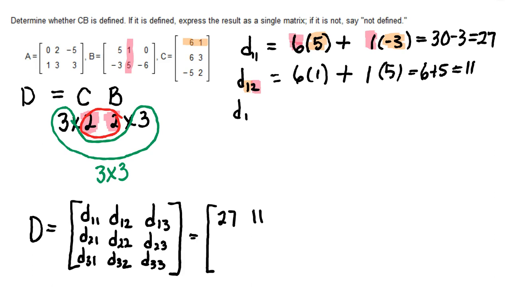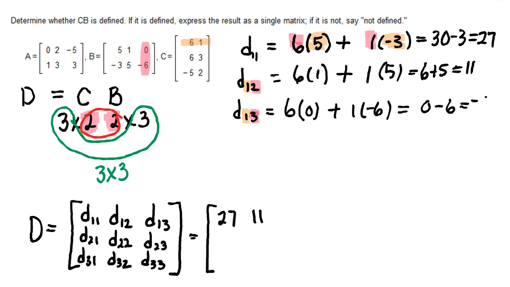And let's do D13. So we're going to use row 1 of matrix C and column 3 of matrix B. So in that calculation, we would have 6 times 0 plus 1 times negative 6. That's 0 minus 6, which is negative 6.